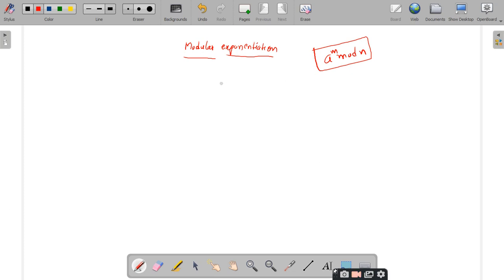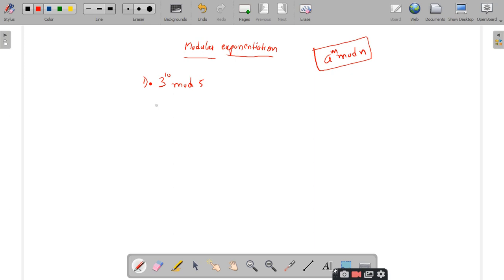For example, let us take a simple thing. We'll start with something simple, right? If I want to calculate 3 power 10 mod 5, 3 power 10 is a very large number, right? We are starting with a very simple thing, but even then 3 power 10 is a very large number.